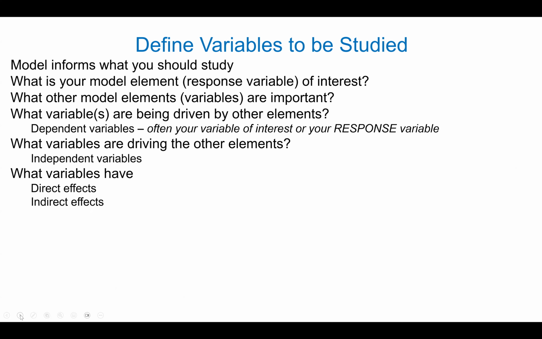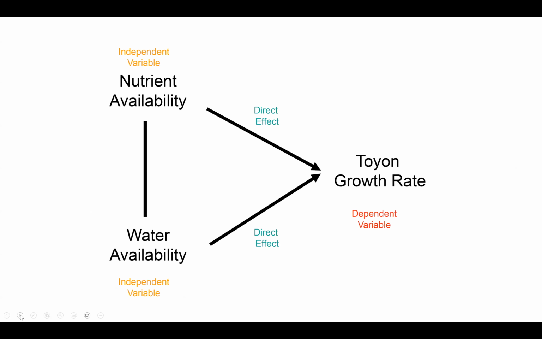Your independent variables drive the other elements in that system, and then we have those direct and indirect effects. So again, the independent variables would be water or nutrient availability, and we're looking at growth rate, so that's our dependent variable, right? It depends on nutrients and it depends on water. Does that help make a little bit more sense? And those are also those direct effects.